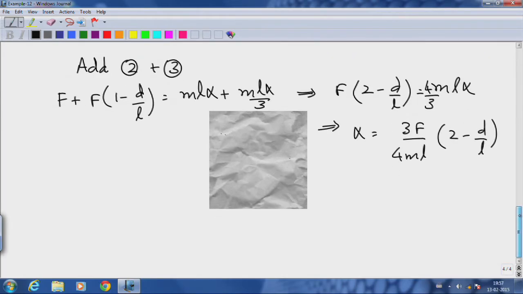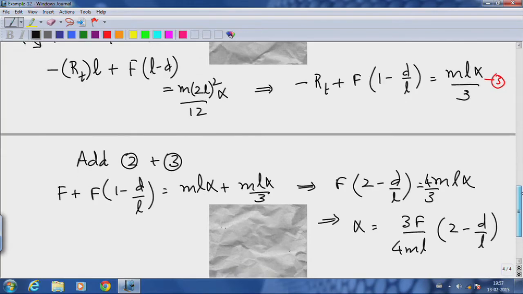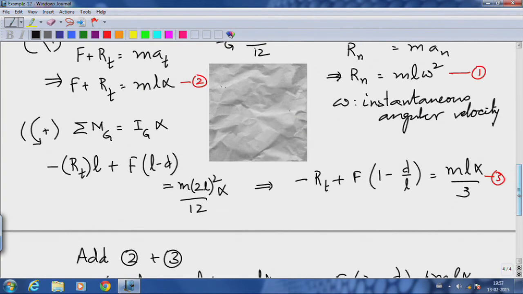Okay, this is the angular acceleration that the rod sees. So, now solving for R sub t, I can take any one of these equations.